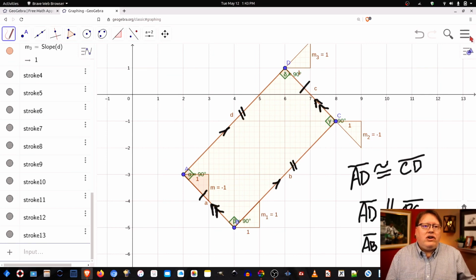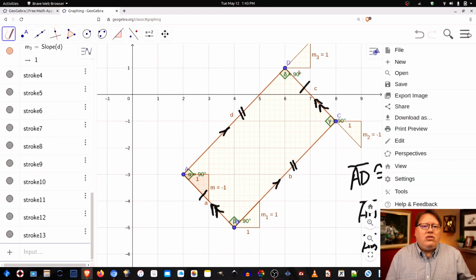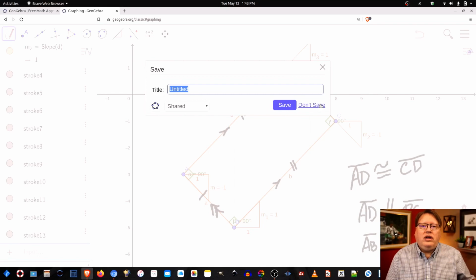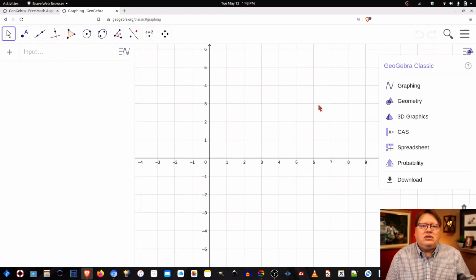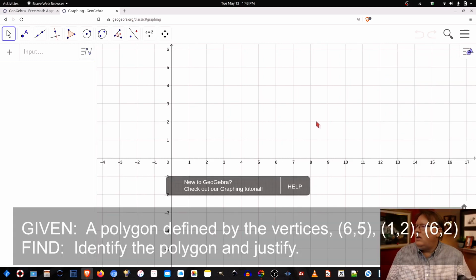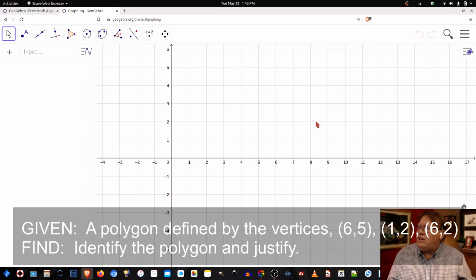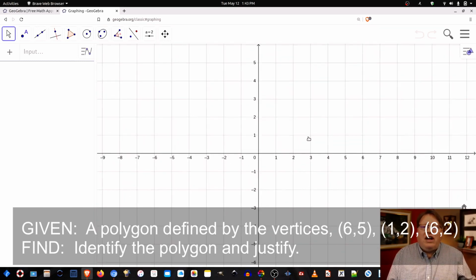So let's look at our next problem. To clear this out, we're going to come over here, click on the 3 bars, and choose New. We're not going to save this. And let's click on graphing. Our next problem is a polygon defined by the vertices 6, 5, 1, 2, and 6, 2. So we're going to find those points on here.